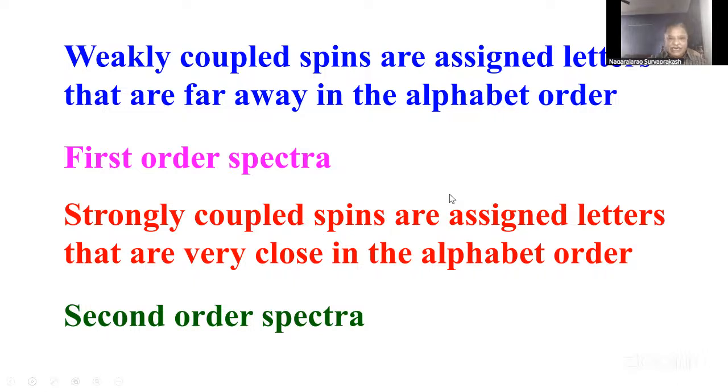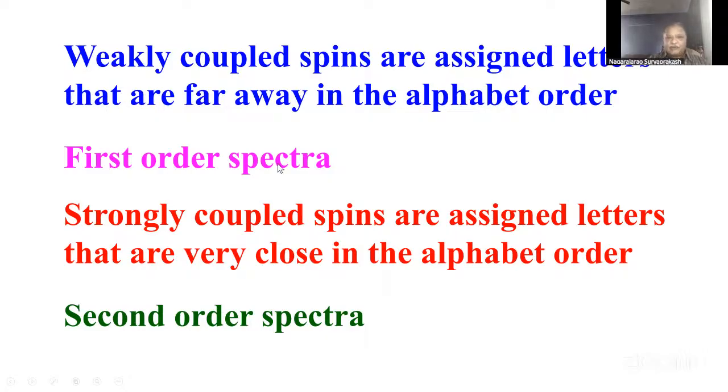On the other hand, if the spins are strongly coupled, that means the chemical shift separation between two coupled spins is very small or comparable to J coupling, we get what is called second order spectra. Please remember, for weakly coupled spins, we get first order spectra. For strongly coupled spins, we get second order spectra.